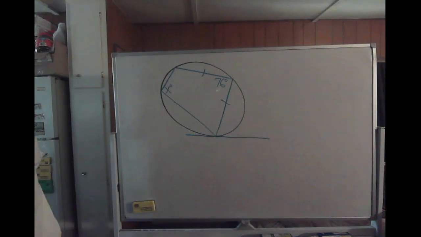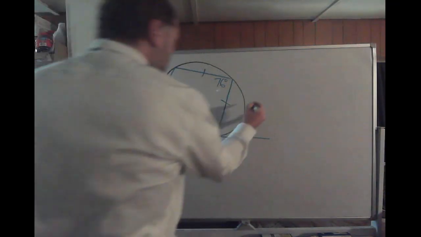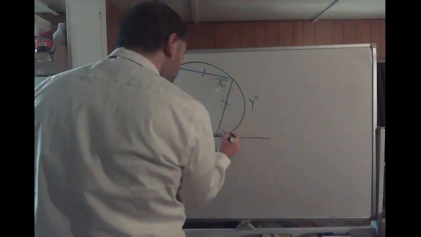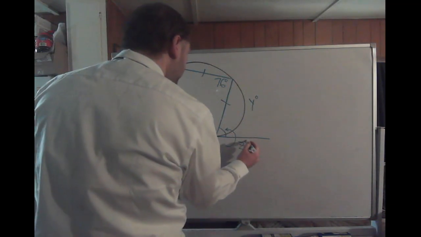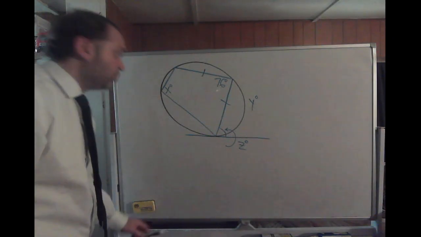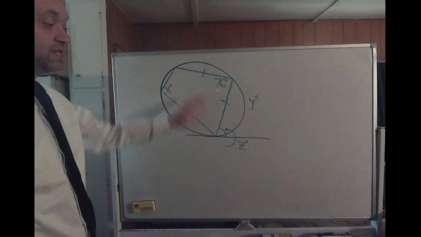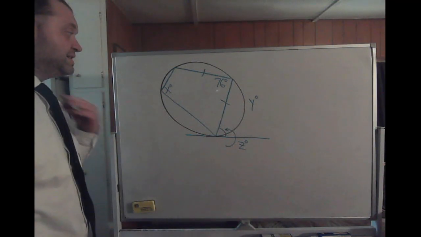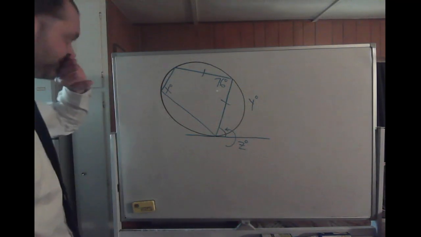That's congruent. This arc is y degrees. This inscribed angle here is going to be z degrees. Alright, so we have a quadrilateral inscribed in a circle with a tangent line at the bottom. It's definitely going to be easy to solve for x first.